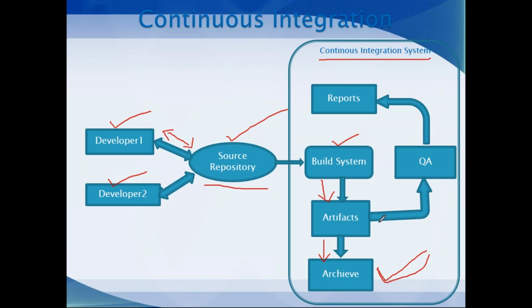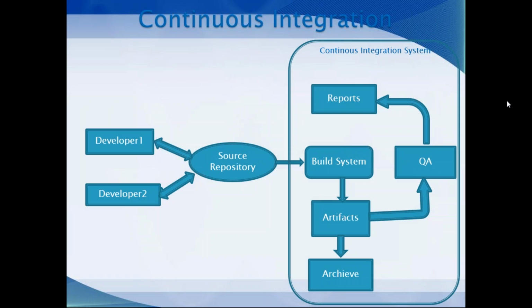Then after creating artifacts, you can do QA. There are different plugins available for testing, for example Selenium. You can have the Selenium plugin and integrate it with Jenkins. Then you can get reports whether the build failed or a test failed, anything. All these things will be done in the continuous integration tool itself. That is the advantage of it.